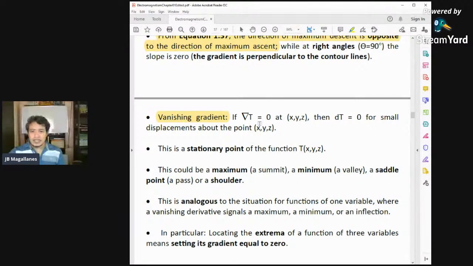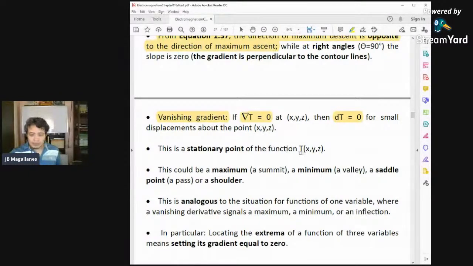So by setting the gradient equal to 0 at xyz, then dt is equal to 0 for small displacements about the point xyz.